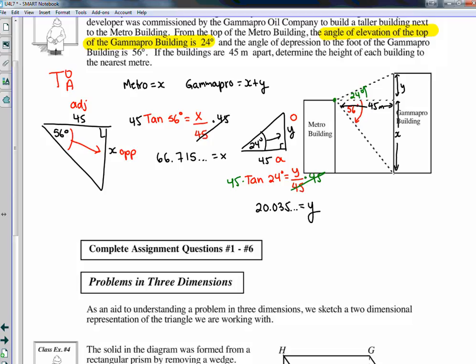Okay, so now do we know the height of the Metro building? It says to the nearest meter, so 67 meters. How do I get the height of the Gamma Pro? Add X and Y together.